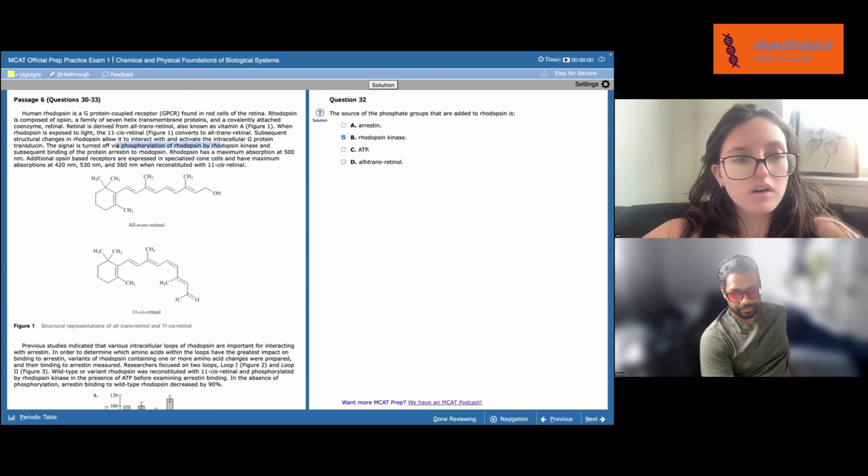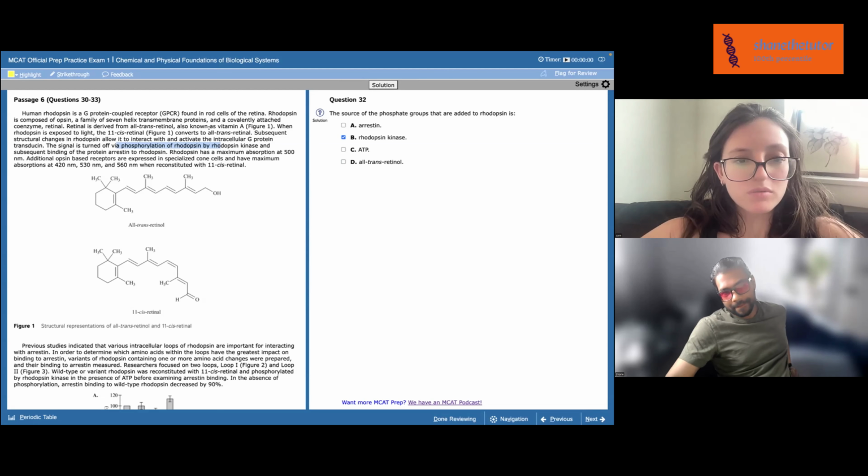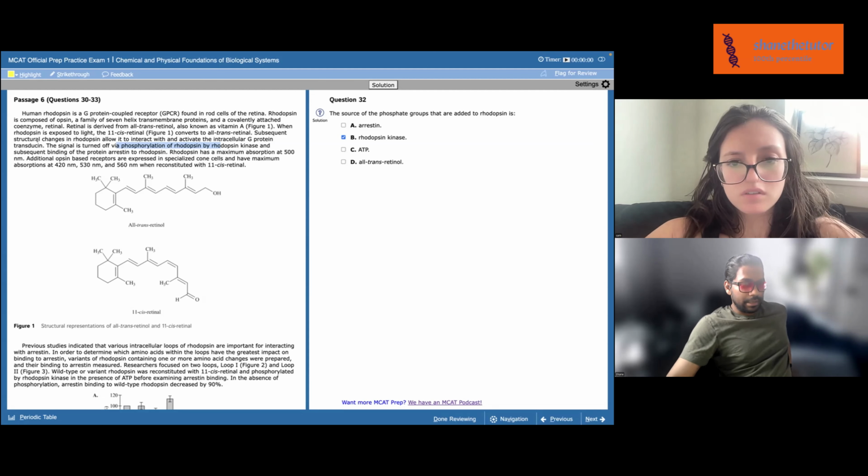But don't the phosphate groups come when rhodopsin is exposed to light, the 11-cis retinol converts to all-trans-retinol and subsequent structural changes allow it to interact and activate the intracellular G protein, transducin? Nope, that's not what's happening there.